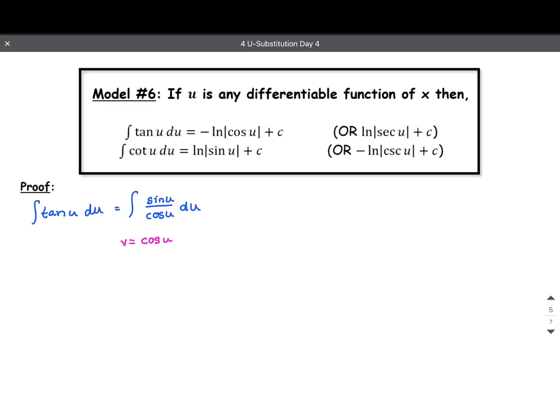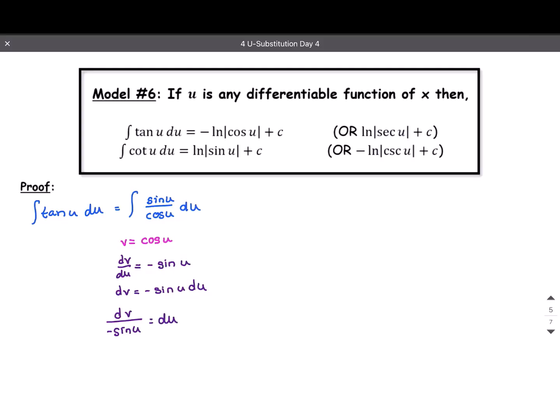So my v is cosine u, which means my derivative dv du, because I'm taking the derivative of v with respect to u. The derivative of cosine is negative sine u. Now I'm going to multiply by du, and then I'm going to divide, so I have dv over negative sine u equals du.